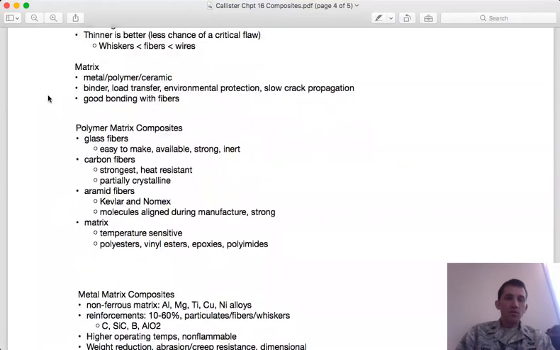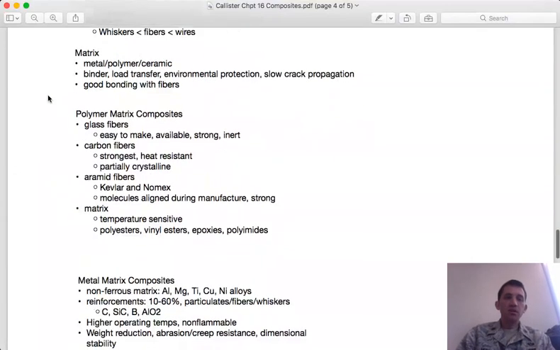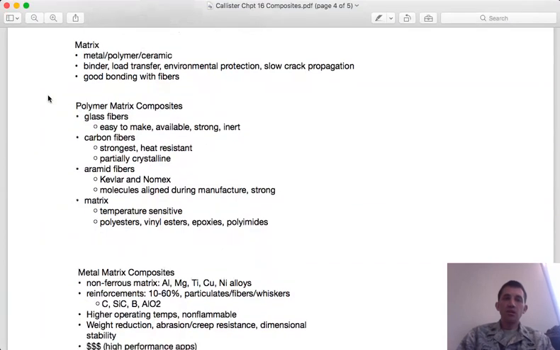For fiber-reinforced composites, the matrix material can be pretty much any type of material, a metal, a polymer, or a ceramic. The most common, at least from what I've seen, is to have a polymer matrix.